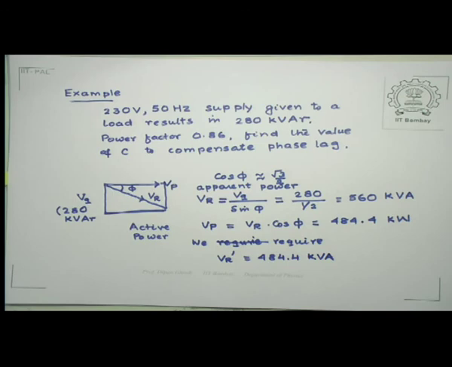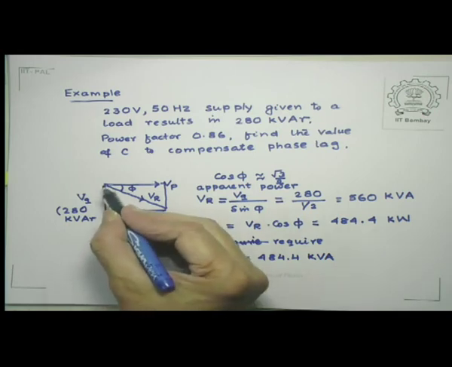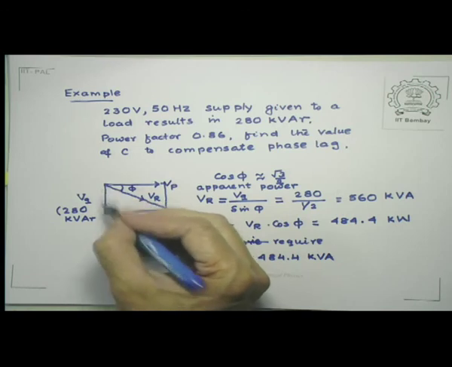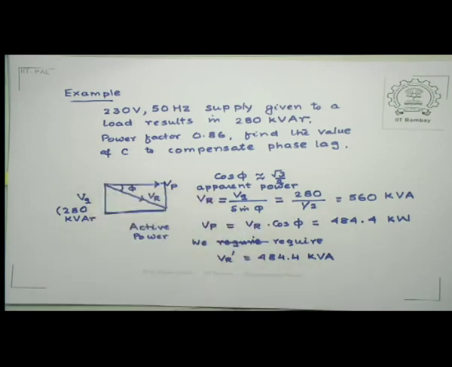Now clearly this implies that my compensation should just be such that the capacitive reactance gives me a reactive power which is obviously in the reverse direction, and that Vq prime must be equal to 280 kilovolt ampere reactive. And let's look at what this implies.